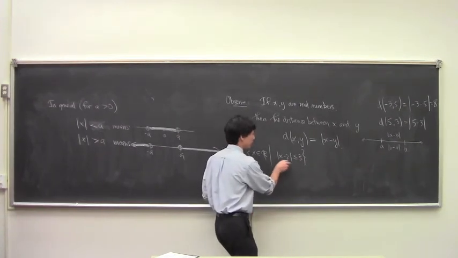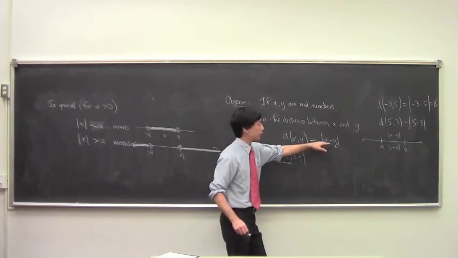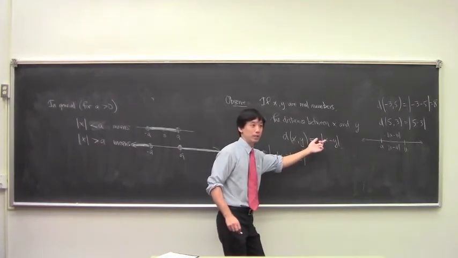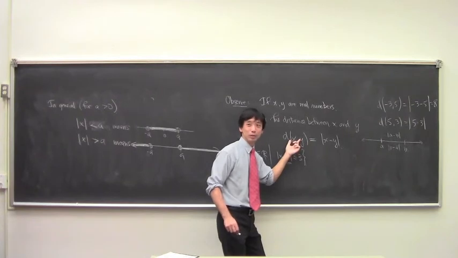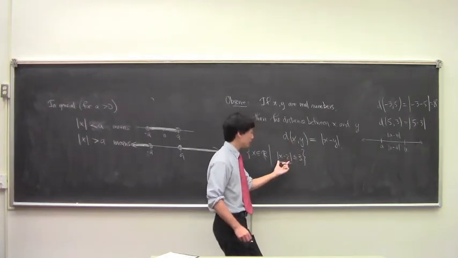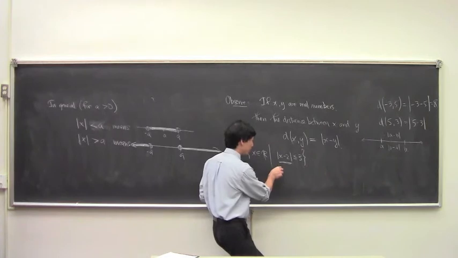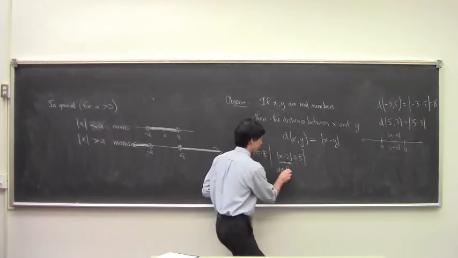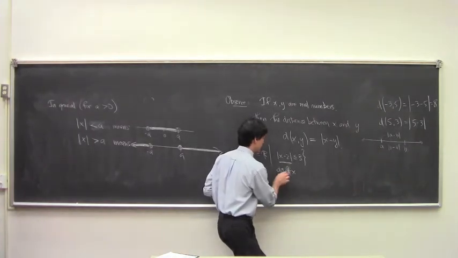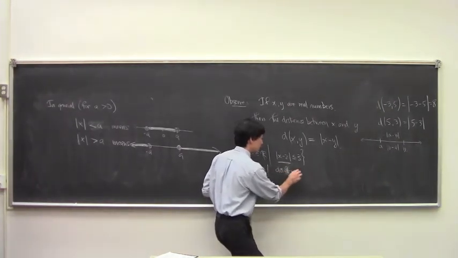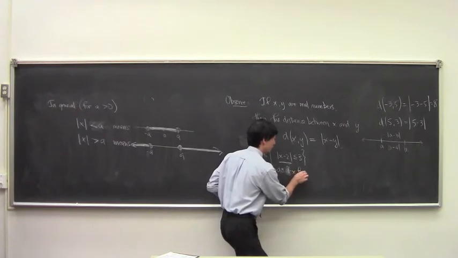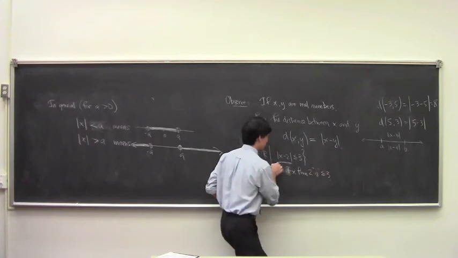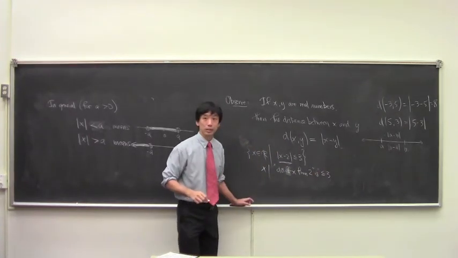What we just said was that the absolute value of a difference is the distance between two numbers. So here, what is it saying? That we want x whose distance from 2 is less than or equal to 3.